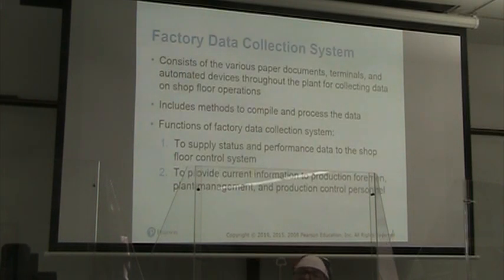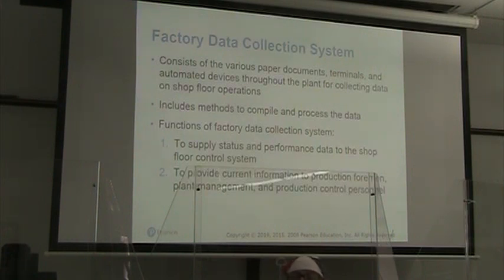All right, so a factory data collection system, that's our various paper documents, terminals, and automated devices in the plant that collect data on the shop floor operations. So this includes methods by which we're compiling and processing the data.